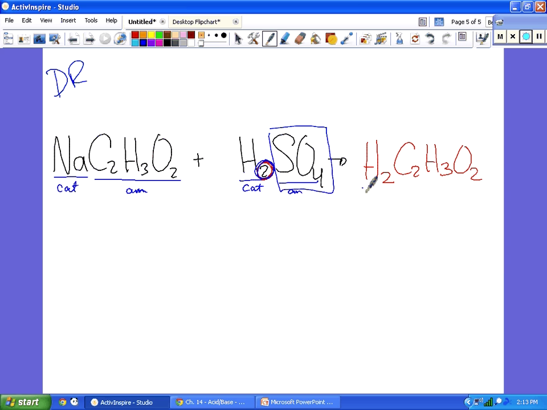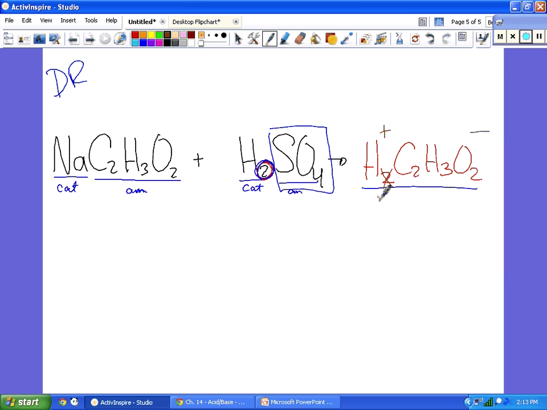Because once you have a new compound, what must you always do? Check your charges. So if you would have done that, you would have realized. Notice, look, this is H plus. What is acetate's charge? C2H3O2. What would happen to those charges? So where in the world would that 2 have come from? You wouldn't have it. So number 1, don't transfer your subscripts.